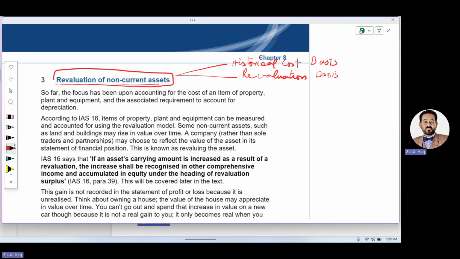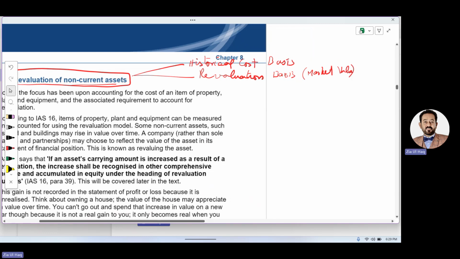Historical cost basis simply means what we have learned till now: cost less accumulated depreciation, recorded at carrying value. If a company sees that its asset's market value is more than the carrying value, that market value is called the revaluation value. So they can record their asset at market value. They have the option to adopt either the cost basis or the revaluation basis.